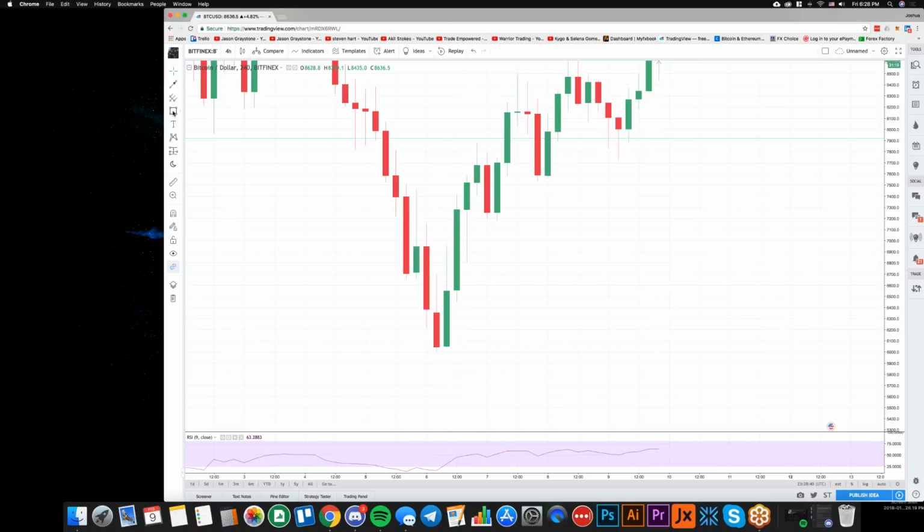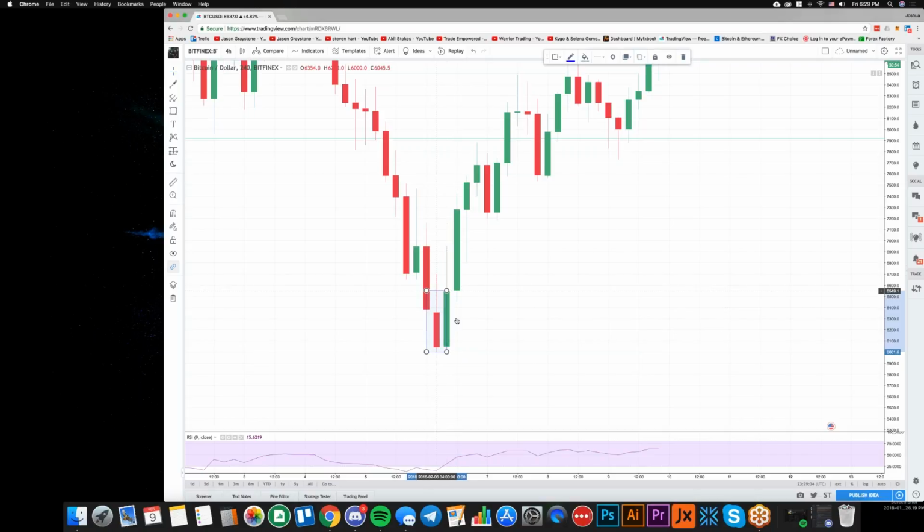Engulfing means that the candle following the one that you are suspecting a reversal from is larger than the previous candle. So you can see this green candle engulfs this red candle. So that's considered a bullish engulfing candle.